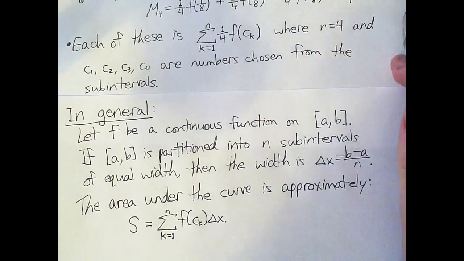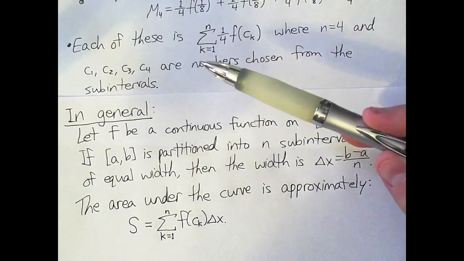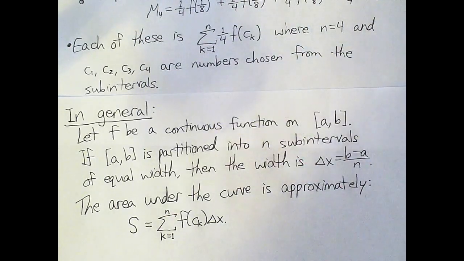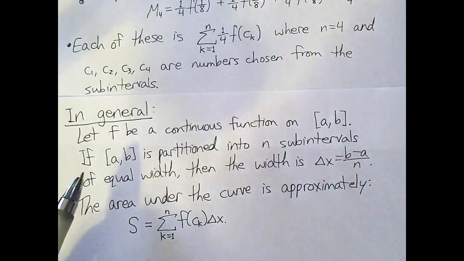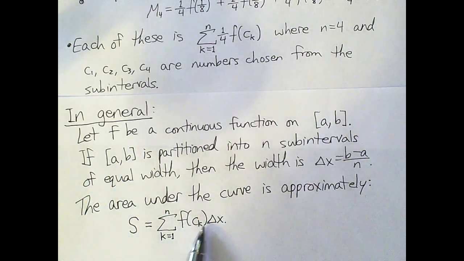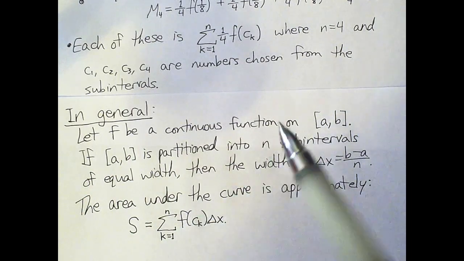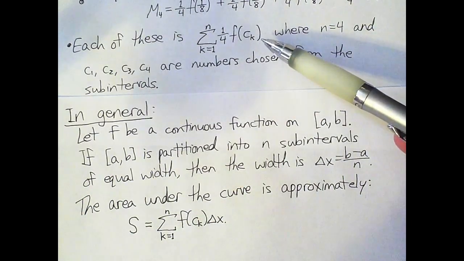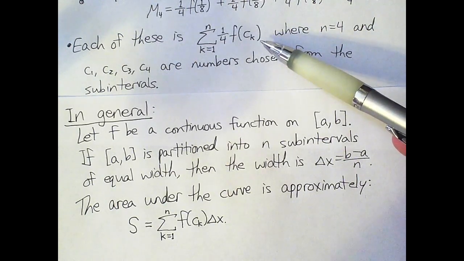This goes with what we said above, where c1, c2, c3, c4, etc., are numbers chosen from the subintervals. So you partition this into n subintervals, and you take c1, c2, and so on to be from the subintervals. Really, it looks just like what we did above. The only thing that's different is instead of saying 1/4, I'm saying delta x.